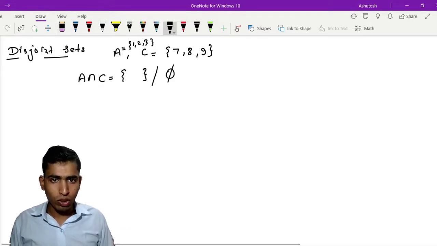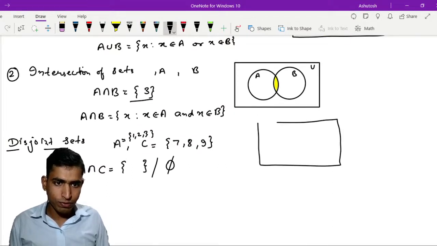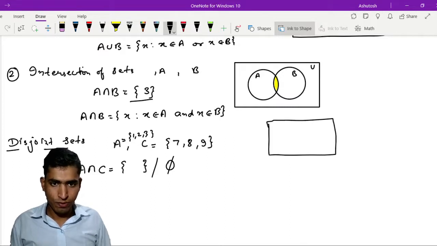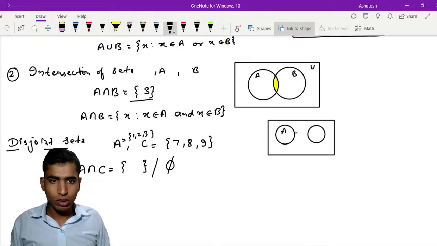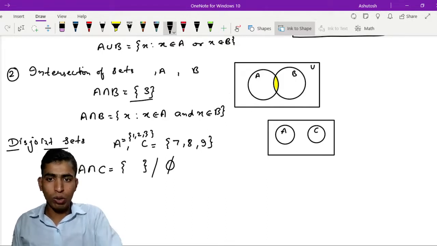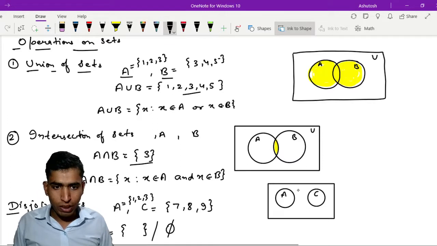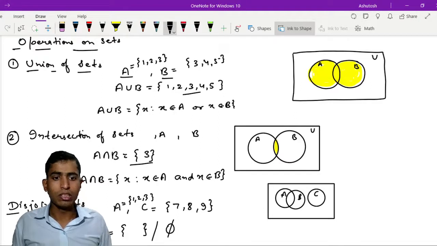In this situation we have to show the Venn diagram with separated circles, for A and C. If this represents A and this represents C, and I also want to represent B, then B and C have no common elements, so B will be drawn like this, also separated from C. Hope you got it.